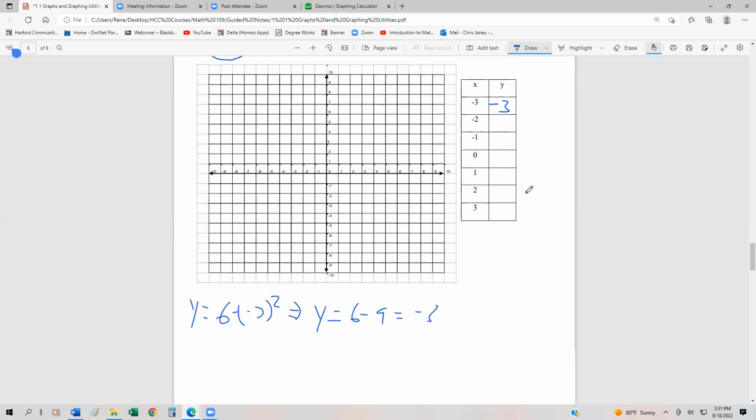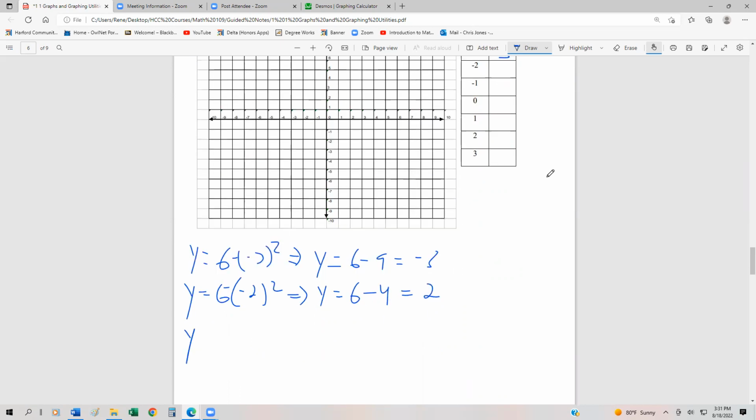And then we can follow suit with this. So we have 6 minus (-2) squared, which is going to become y equals 6 minus 4, which is going to become +2. And y equals 6 minus (-1) squared, which is going to become y equals 6 minus 1, which is going to become 5.